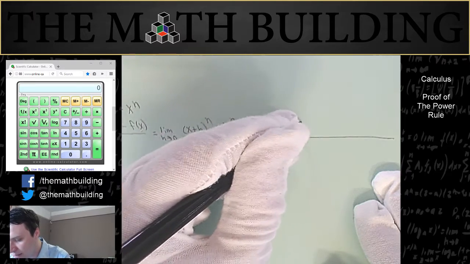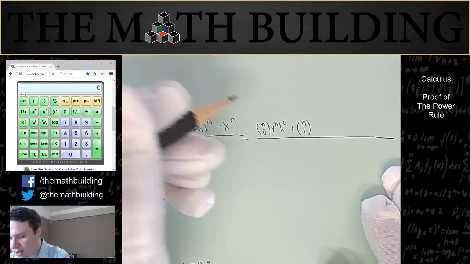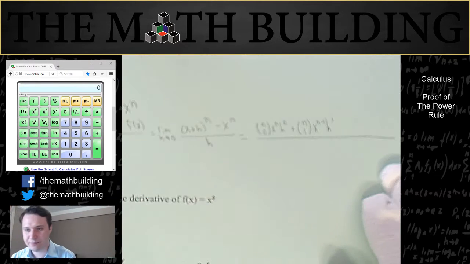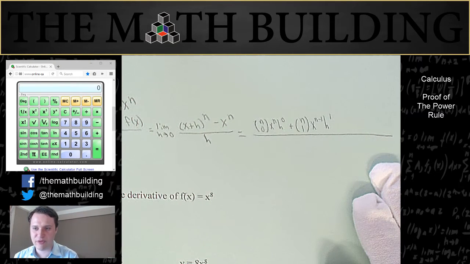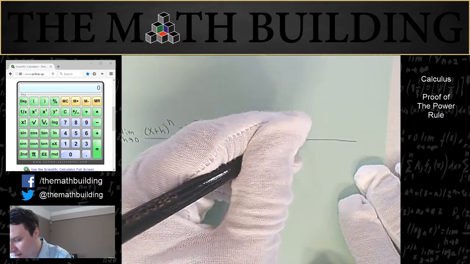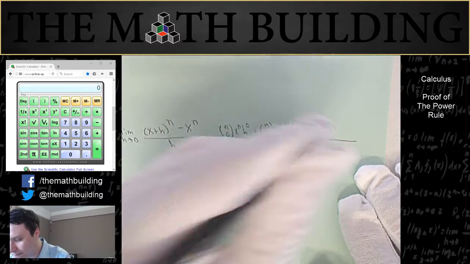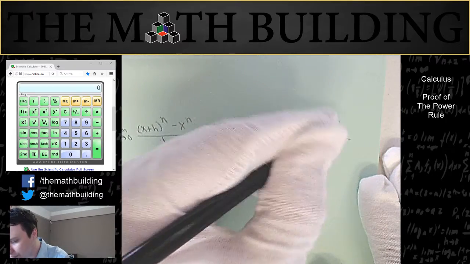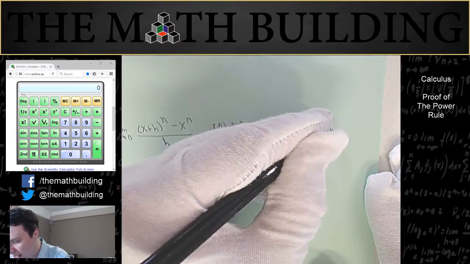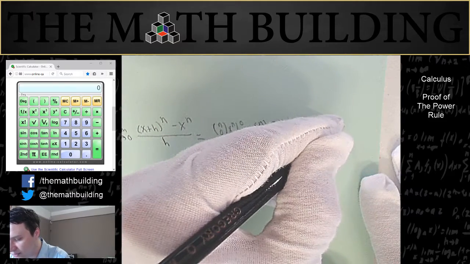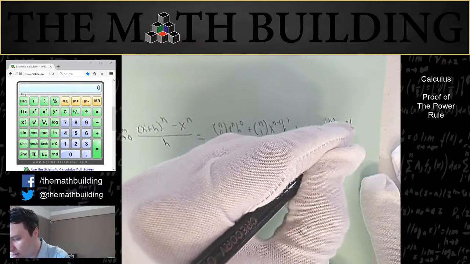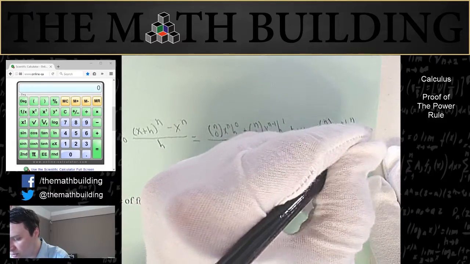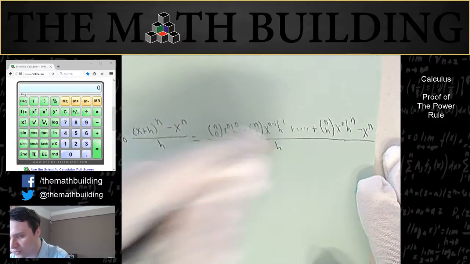The second term would be n choose 1 times x to the n minus 1, h to the 1, following the binomial theorem. That would go on for a while. Then the last term would be n choose n, x to the 0, h to the n. Don't forget we're subtracting x to the n, and this is all over h.